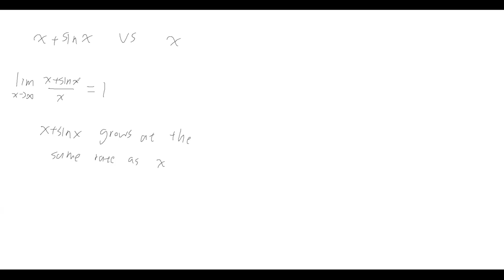But what we're going to worry about, with a little detail, is that sine x can be 1, or it can be -1. So the numerator is going to oscillate a little bit. So we say that x plus sine x is big O of x as x approaches infinity, because they are growing at the same rate, and x plus sine x is at most or has the same degree as x, and that's when we use the big O notation.